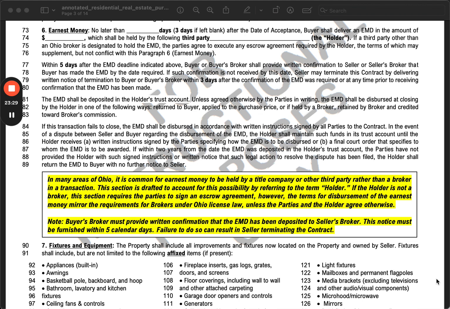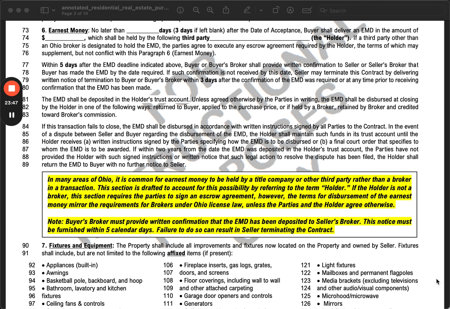your loop. So in the case of the possibility of the seller being able to cancel under this, please note that hypothetically, if line 73 was in there as 5 days after the date of acceptance, the buyer shall deliver the earnest money deposit.